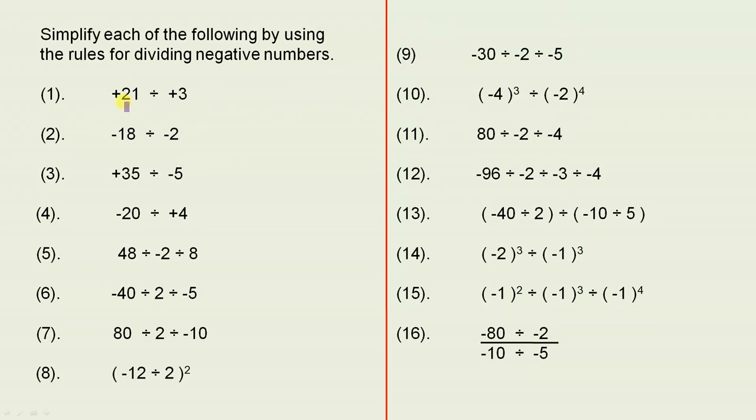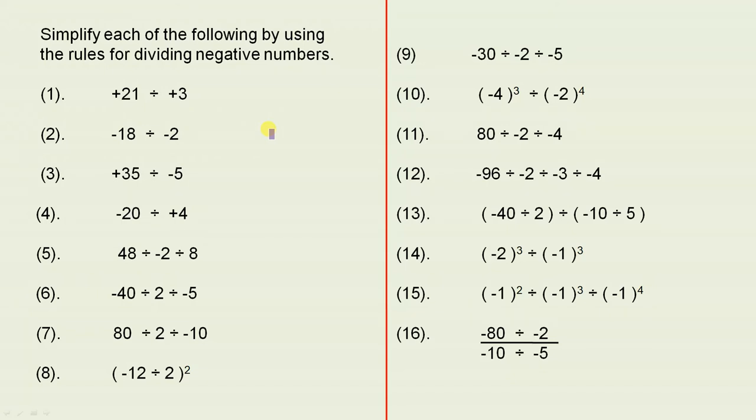numbers. So the first example, we have a positive number divided by a positive number. There's a rule which tells us what is the sign of the final answer. We have a negative number divided by a negative number. There's a similar rule which tells us the sign. The important thing is to work out what is the sign of the answer.